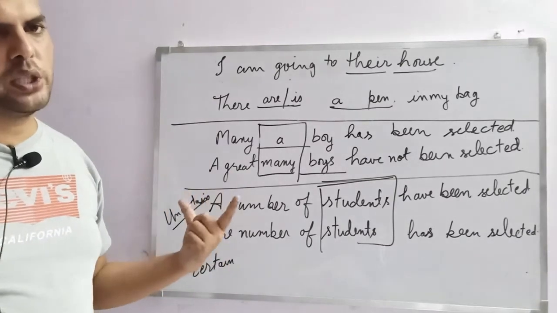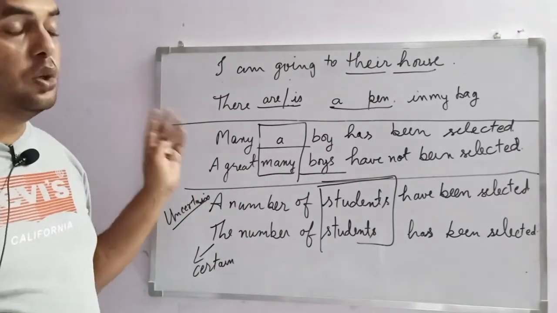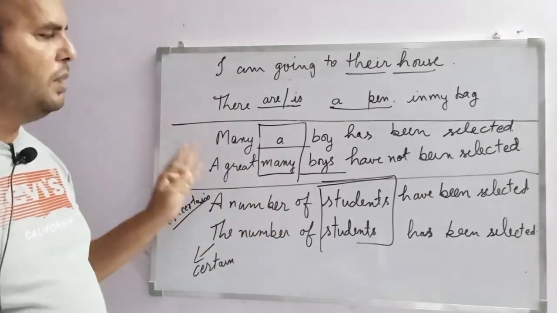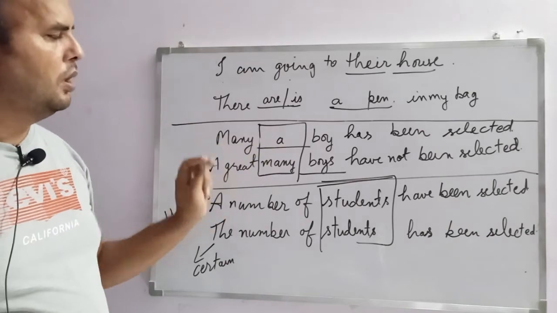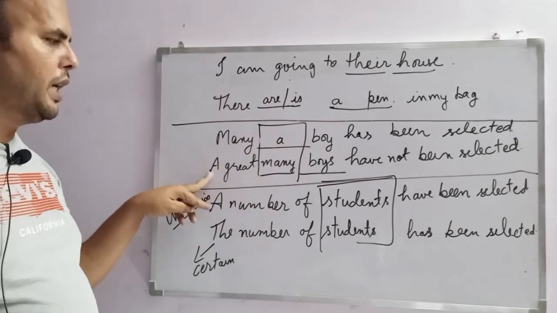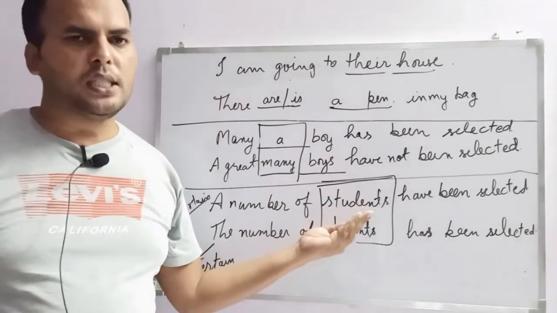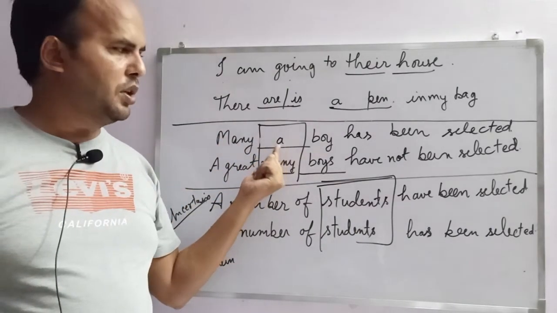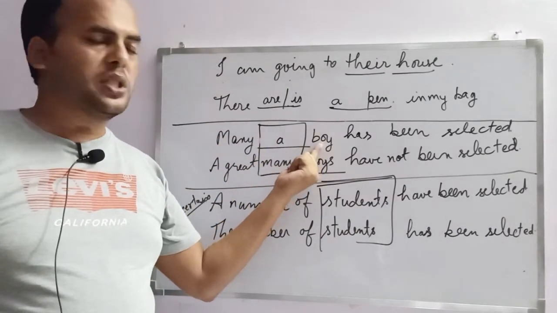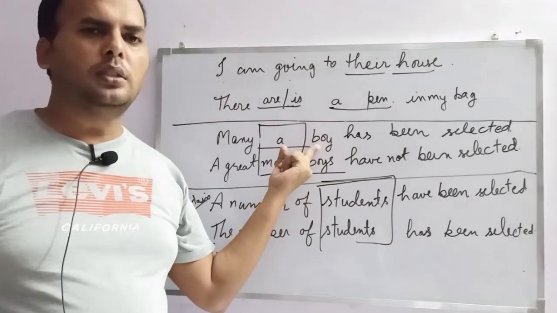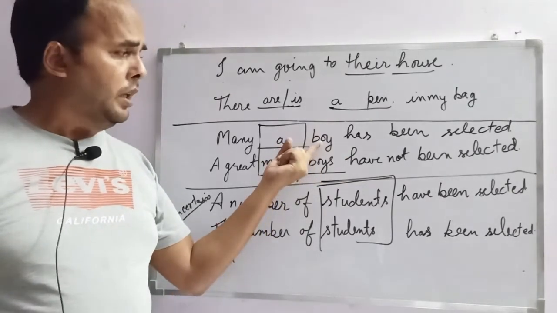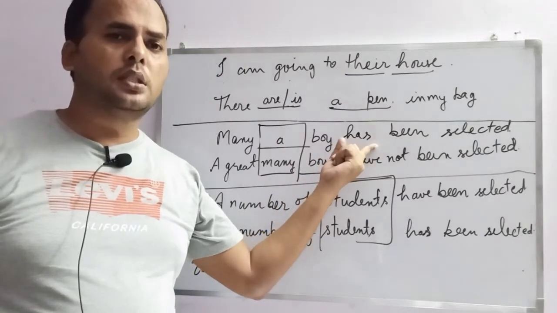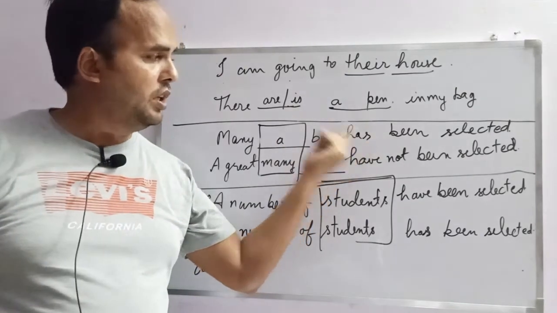So next is, as I was telling you earlier, many and most. When you write many, it is already plural, but when many comes with a, or when many comes with a great, there is a difference. When you are having many a, because it is singular, you are going to select a singular noun and use a singular verb.